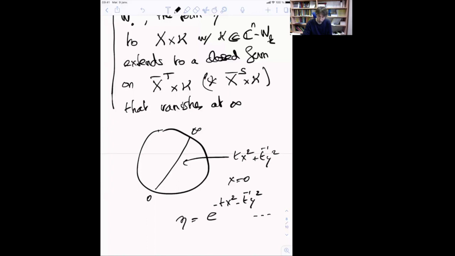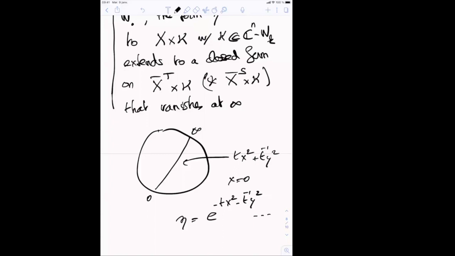So if you are away from x equals 0, it means that x is non-zero. So when you let t tend to infinity, this will decrease very fast and tend to 0. And so that's what happens in a more general situation.